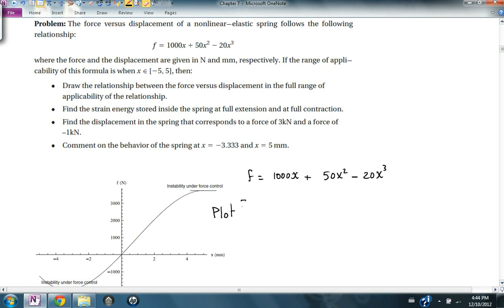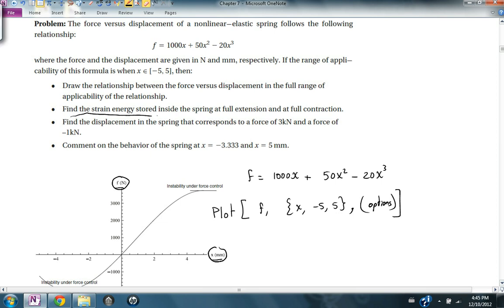Plot f when x is between -5 and 5. And you will get this curve, and you should, of course, maybe put some options. The options are to tell me what the axes mean. This is x, the displacement in millimeter, and this is the force in Newton in the spring.